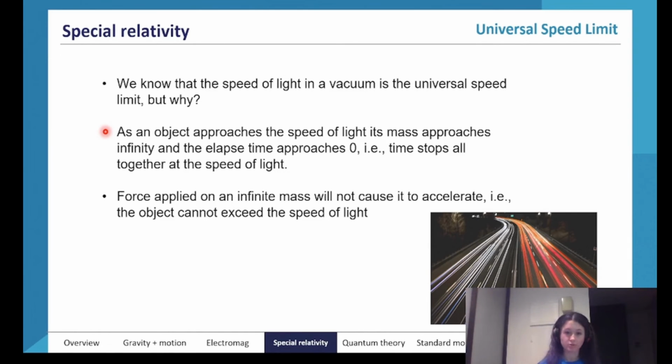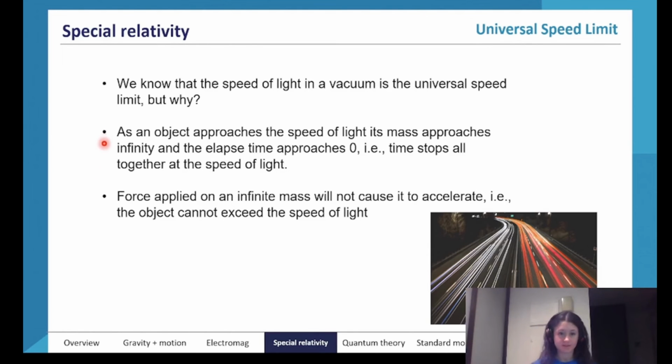As a result, if the mass is so great, the force that you're applying will cause it not to accelerate, right? Because if you have an infinite mass, no amount of force will be able to move it. In other words, the object cannot exceed the speed of light.